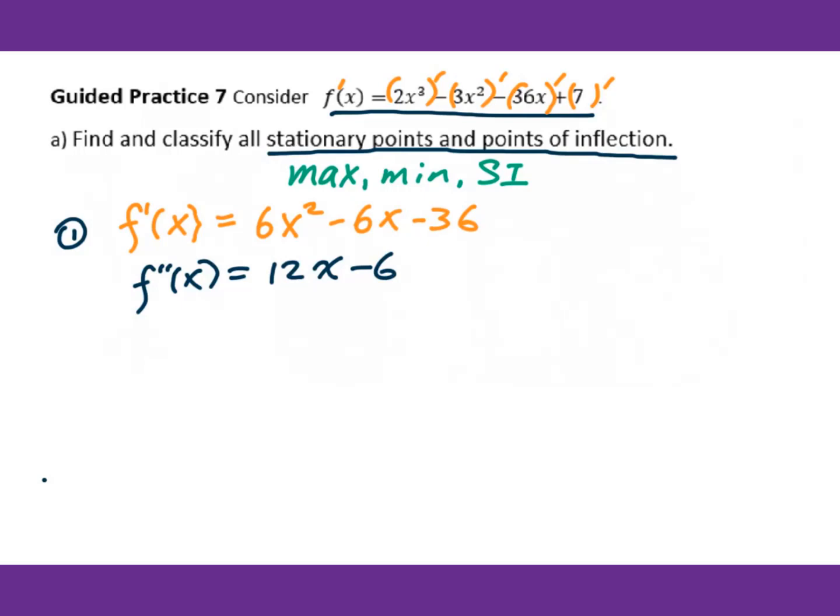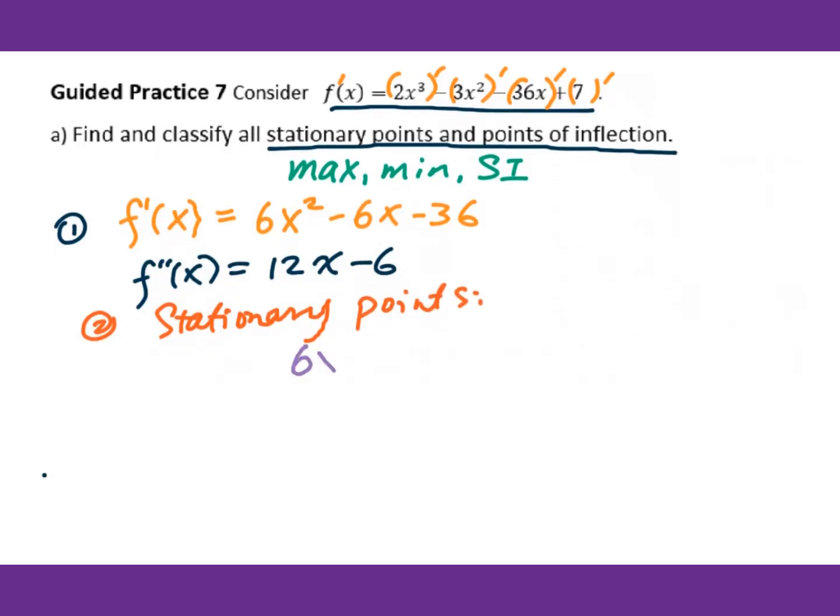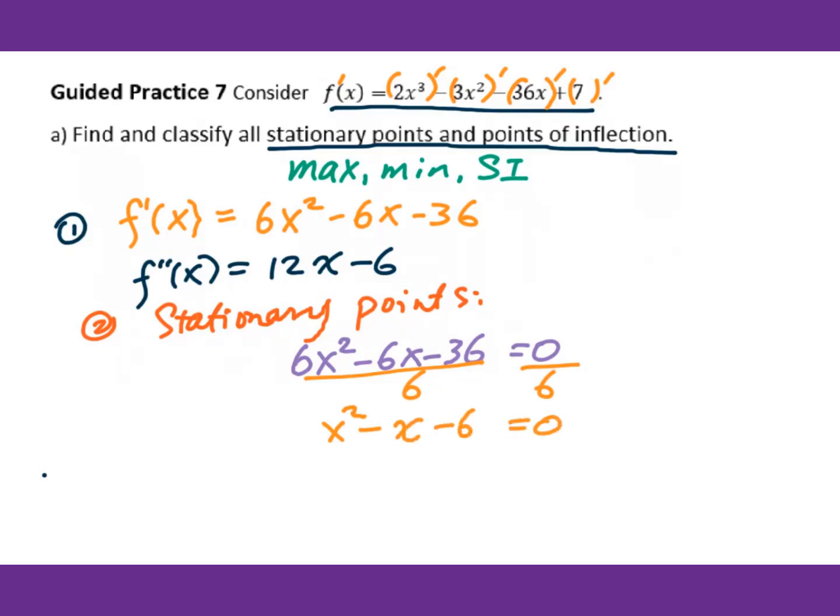When you're looking for the stationary points, you set the first derivative equal to 0, which means 6x squared minus 6x minus 36 equals 0. We have common factor 6. So we have x squared minus x minus 6 equals 0.